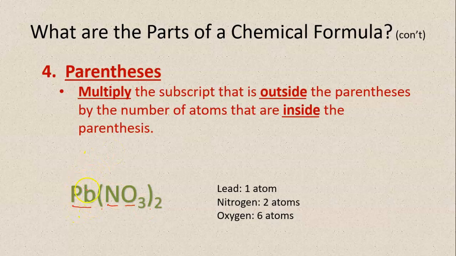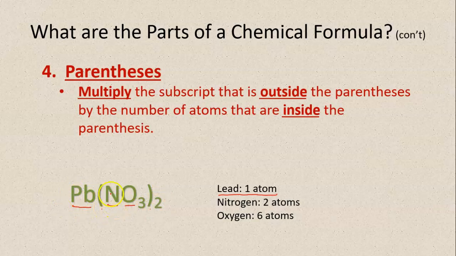The lead is not affected at all right here. So that means there is just 1 atom of lead. There are no numbers there that are affecting it. The letters are there, so we know we have some. The NO3 is in parentheses, and it's telling us that there are 2 of those NO3s. So 2 of these NO3s are somehow combined with or attached to the lead.